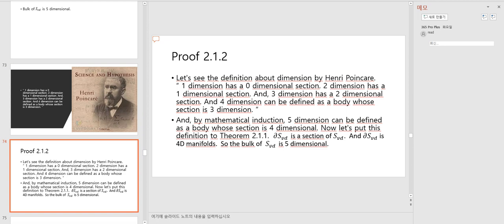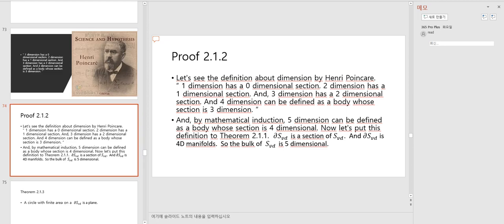And by mathematical induction, 5-dimension can be defined as a body whose section is 4-dimensional. Now let's put this definition to theorem 2.1.1. dSVD is a section of SVD, and dSVD is a 4D manifold, so the bulk of SVD is 5-dimensional.